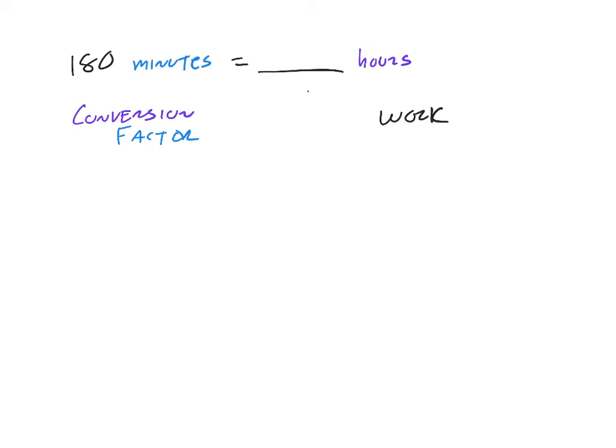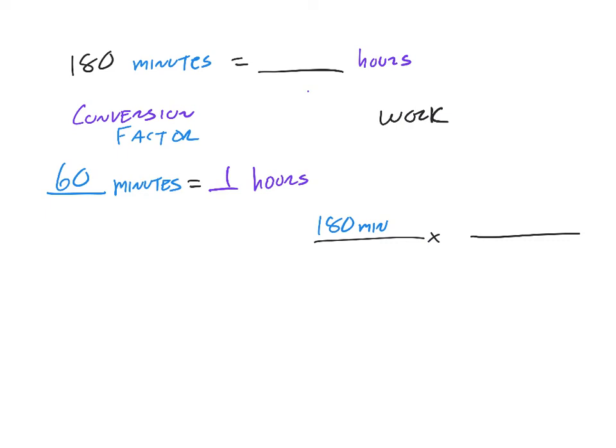The conversion factor that you were given in your problem is asking you the relationship between minutes and hours. And we know that in 1 hour there are 60 minutes. So that's our conversion factor. Now I'm going to take my given value, my 180 minutes, and put it over 1, because that's what step number 2 said.